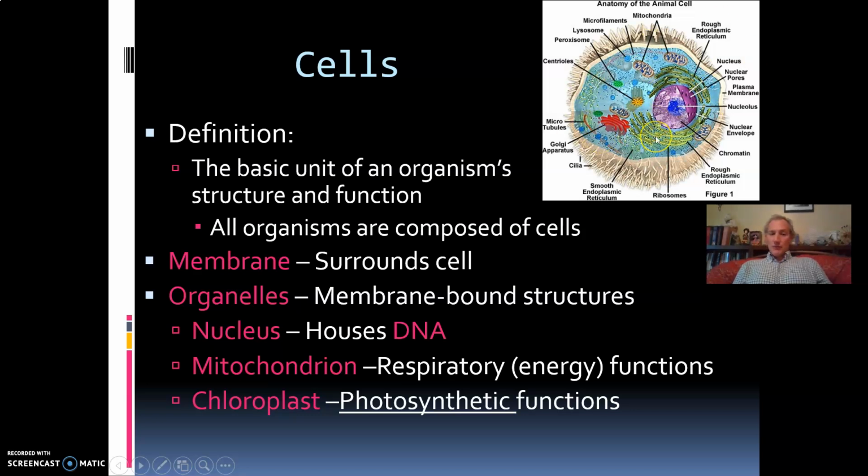There are three that I want you to know for this class. A nucleus, whose main job is focused on storing DNA. That's where the DNA is stored with its chromosomes and other stuff, and it's critically important in reproduction. So you can think of it as a reproductive organelle.